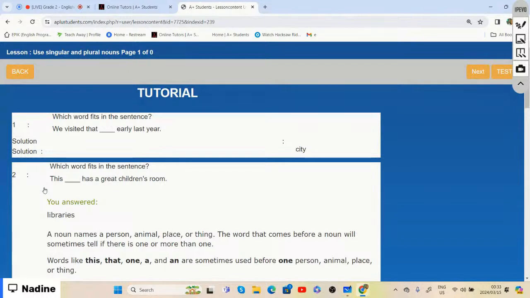All right. So now we need to say which word fits in the sentence. So we visited that every last year.